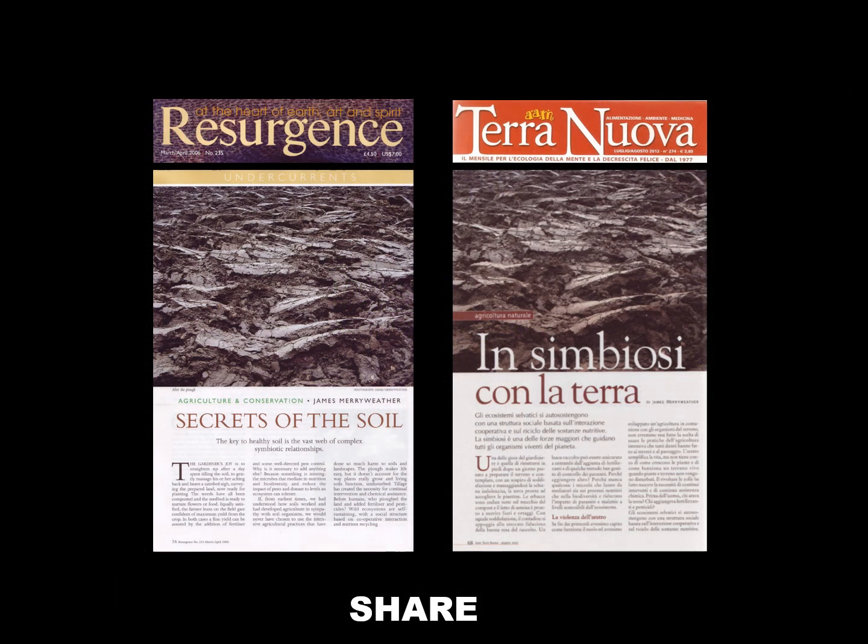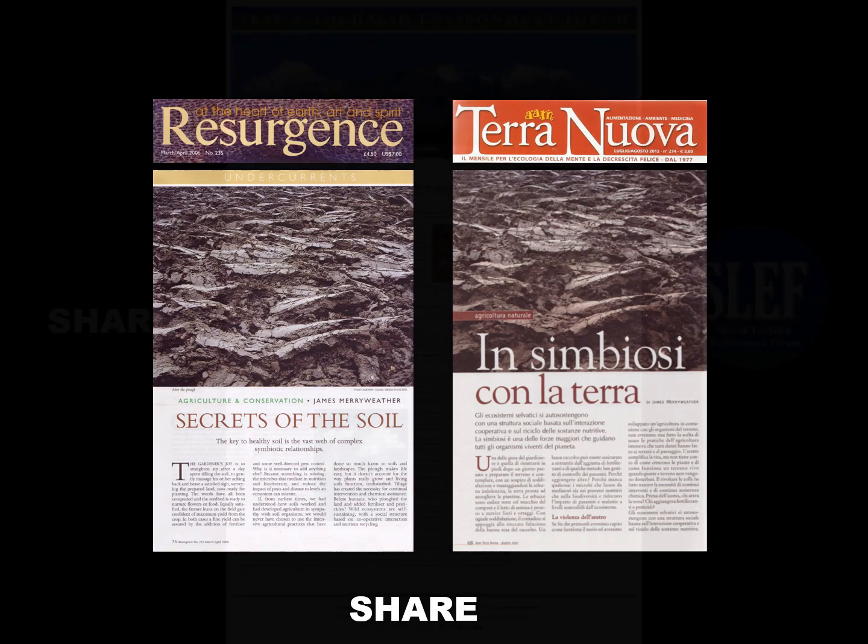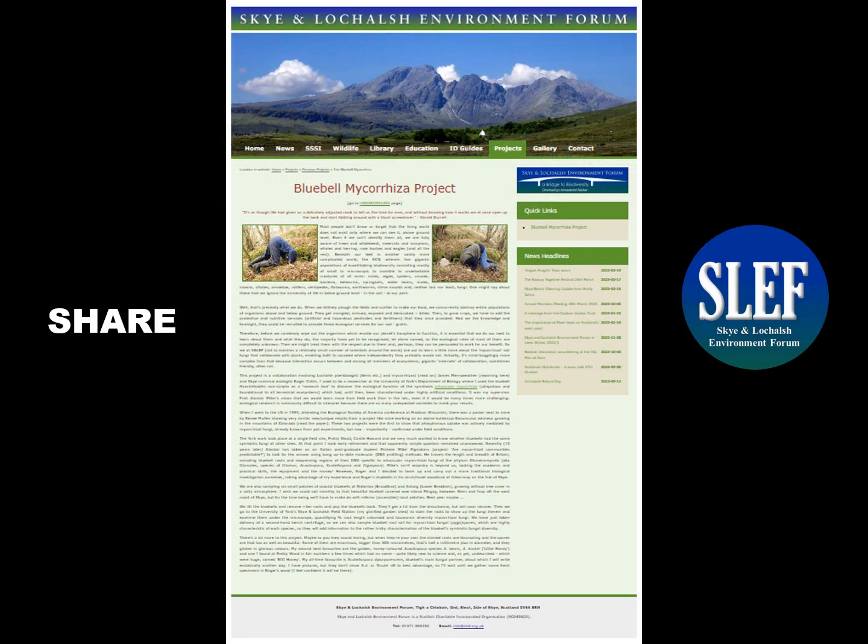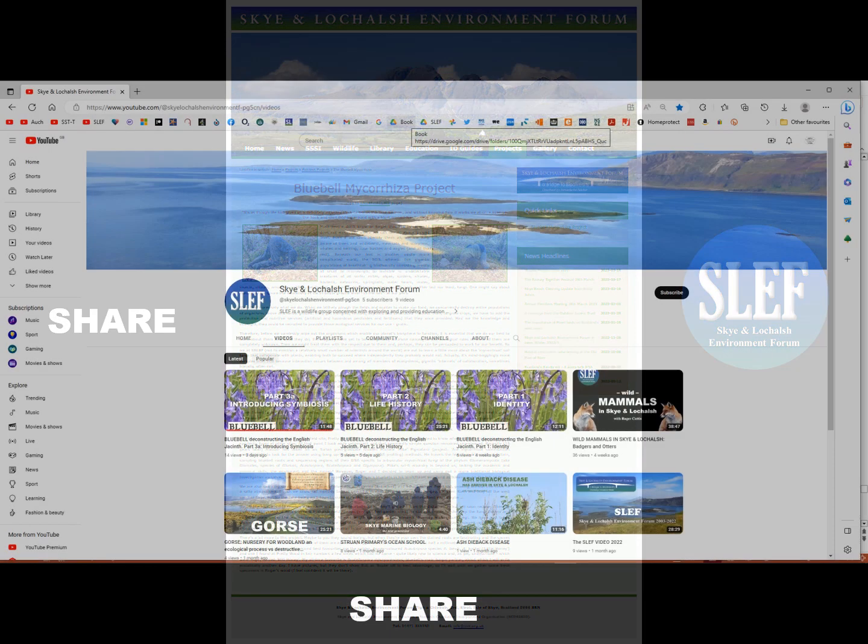And then to a very different but interested audience in Resurgence magazine, self-described as at the heart of earth, art and spirit, followed by a translated version in an Italian magazine with a similar non-scientific audience. Locally in northwest Scotland, bluebell mycorrhiza found its way into the Skye and Lochaber Environment Forum's website and in 2023 this YouTube channel.